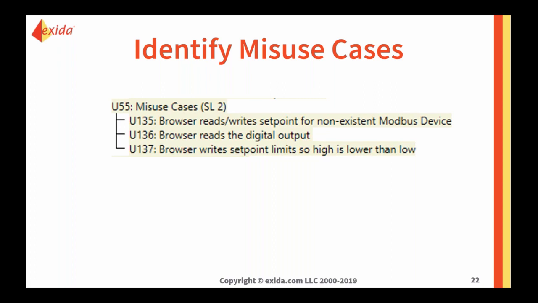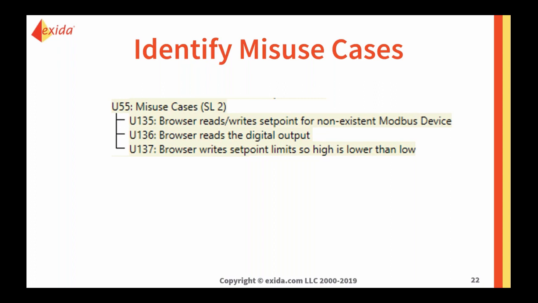The person using the browser reads and writes a set point, but it's a non-existent Modbus device. So again, this is a misuse case in that you just inadvertently access device X when X wasn't actually on the system. Maybe you inadvertently try to read the digital output.